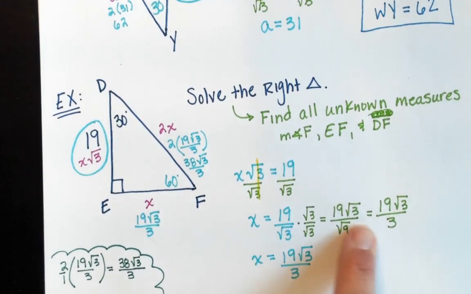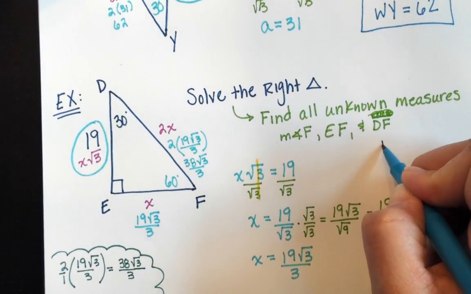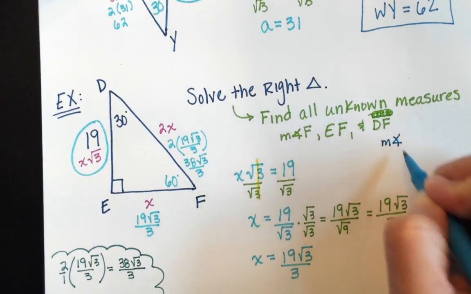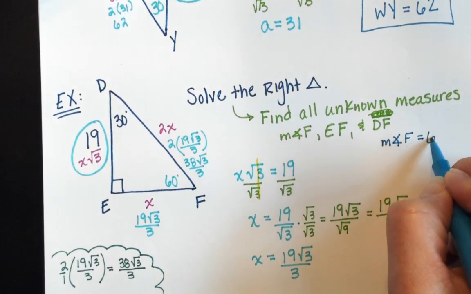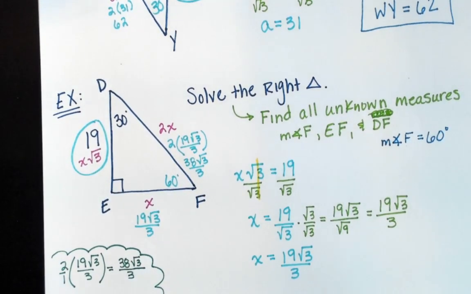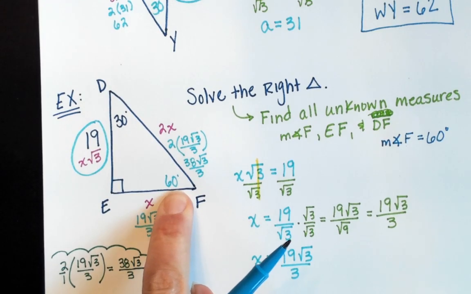Now we got a lot going on here. The bulk of our work was because we had to rationalize, just like we did with our 45, 45, 90. So please make sure when you write your final answer, you write it someplace clear so that when you answer it, we're not searching as we're going. So we said angle F was 60.